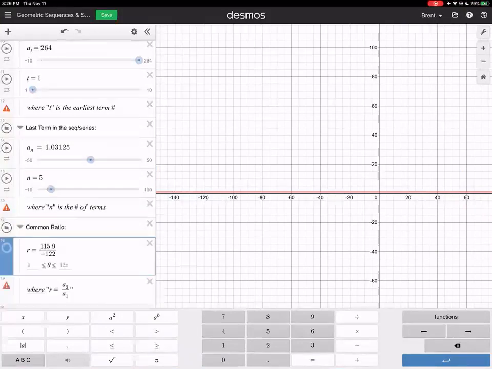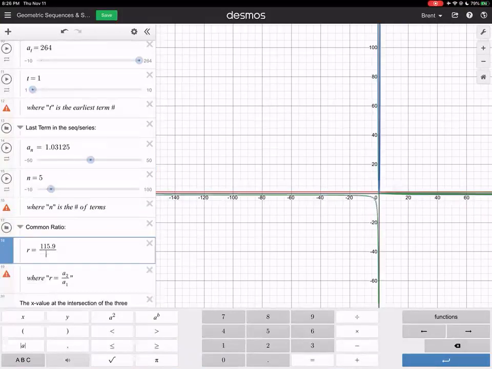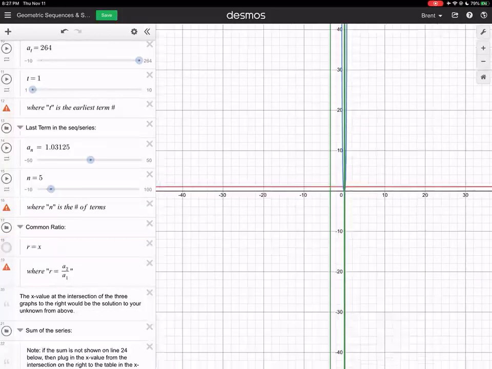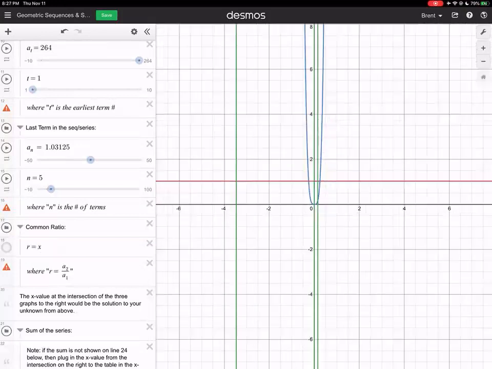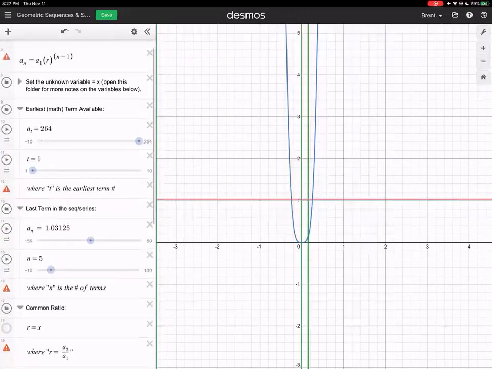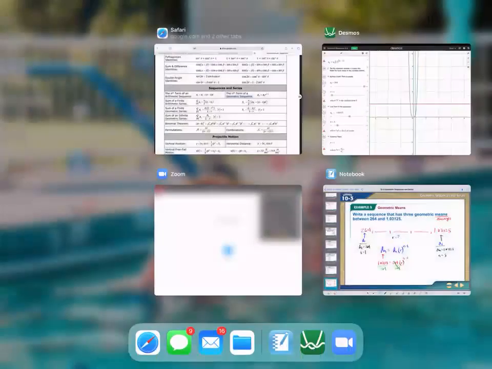The ratio is unknown to us, so I'll put an X there. Now I need to zoom in here. And it looks like you look for where all 3 graphs intersect. It appears I might have a problem somewhere. Let me see here. 264, 1.03125. And that's the 5th term.